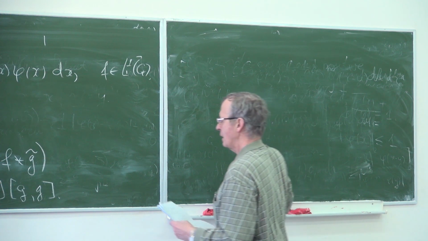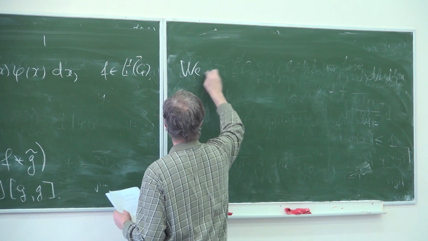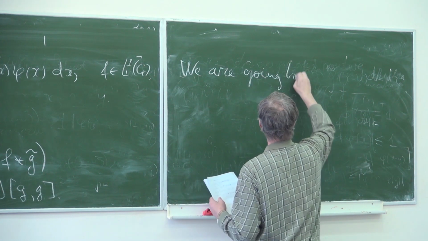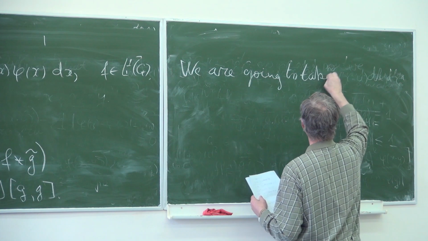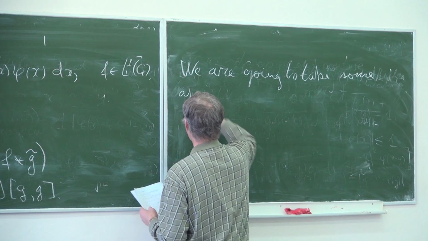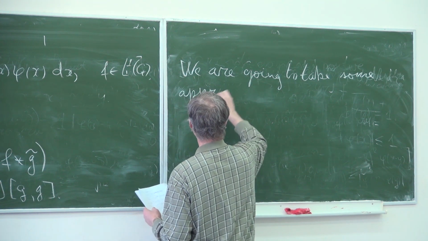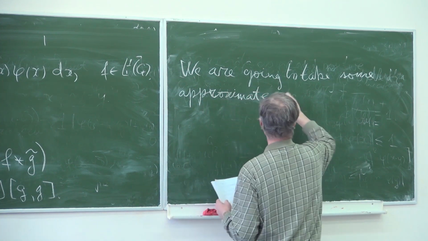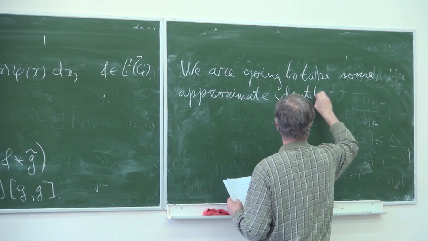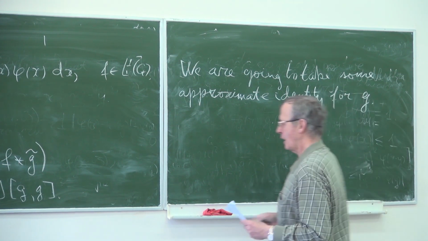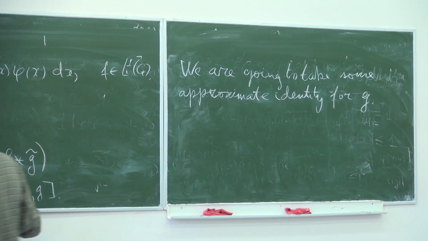For this we need some approximate identity. For this function g, I mean that we shall put here many functions g which form some approximate identity.